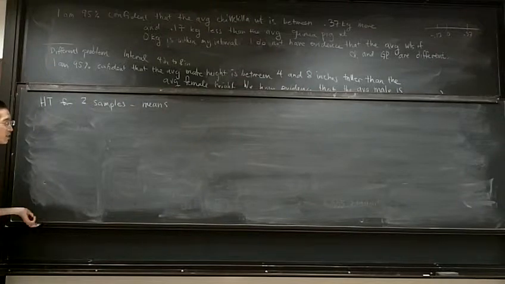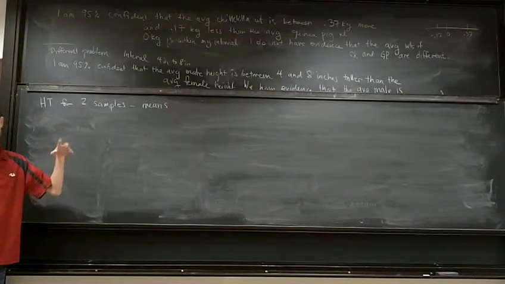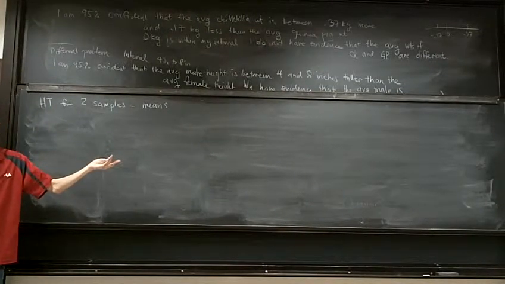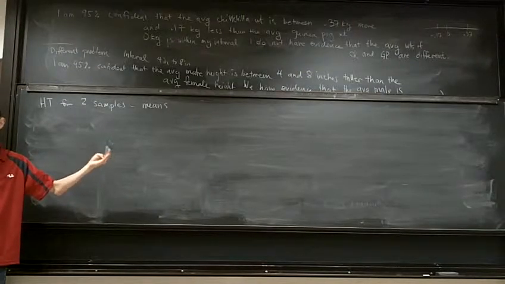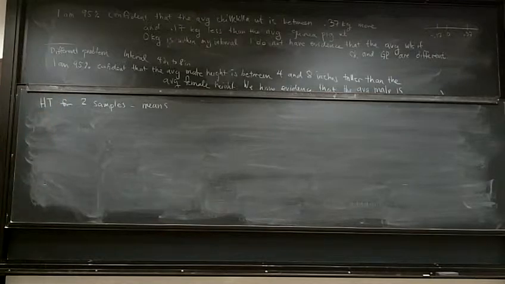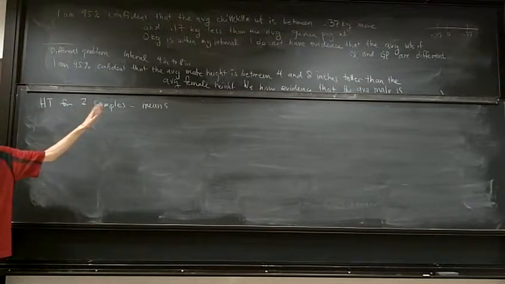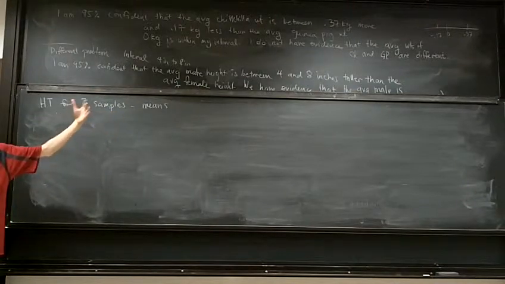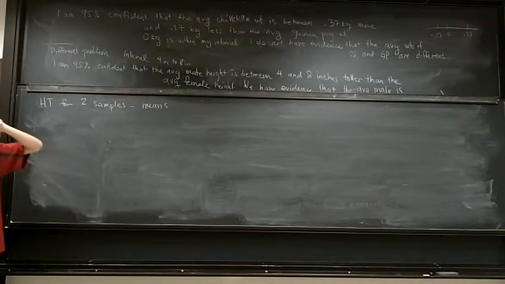Do you guys remember how to do hypothesis tests for 2 samples with proportions? Okay, you just did them in your homework lesson. Or maybe last night, okay? It's done very similarly, except we're dealing with means and standard deviations.